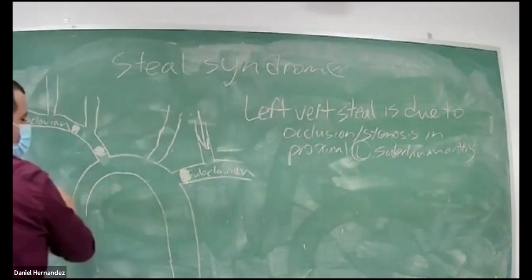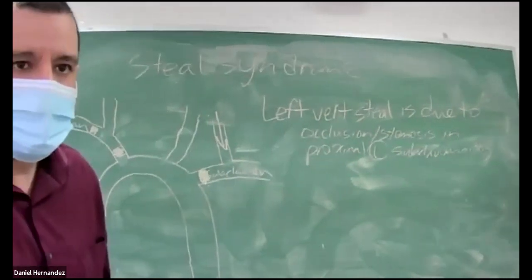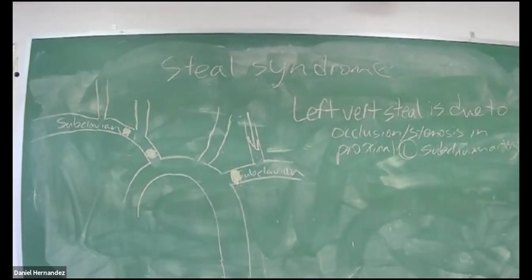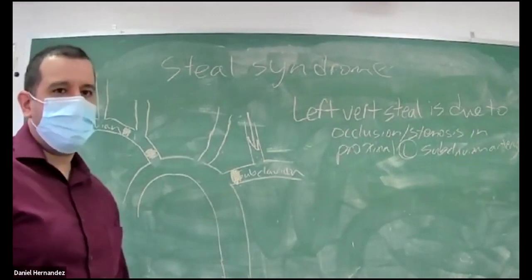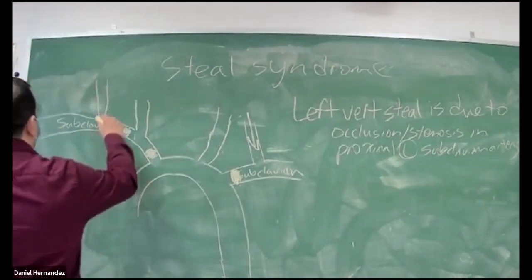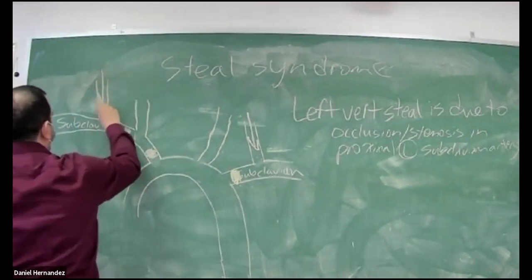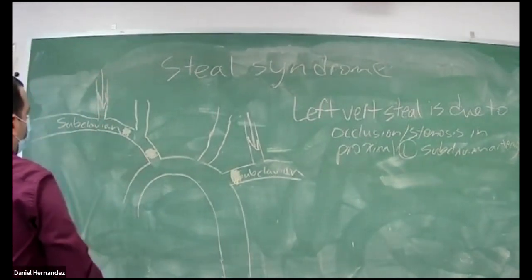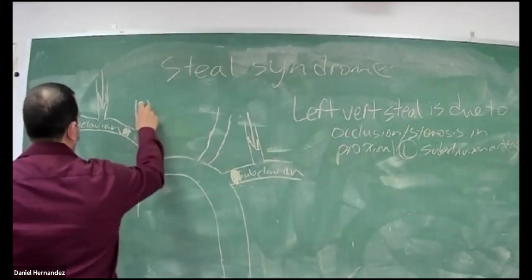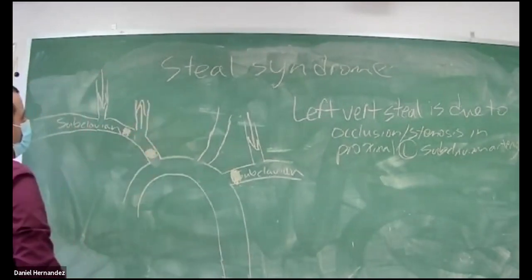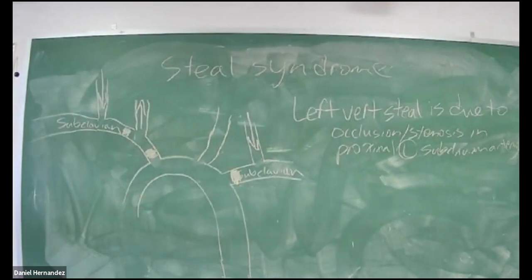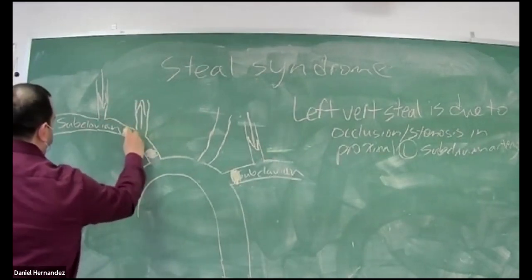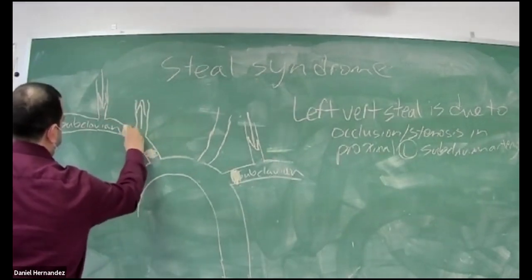So if we then go to the right side, we could have two potential sources of stenotic lesions. So if we have retrograde flow in the right vertebral going down, but we have antegrade flow in the right common carotid artery, we can then tell that the stenotic lesion is going to be in that proximal subclavian.